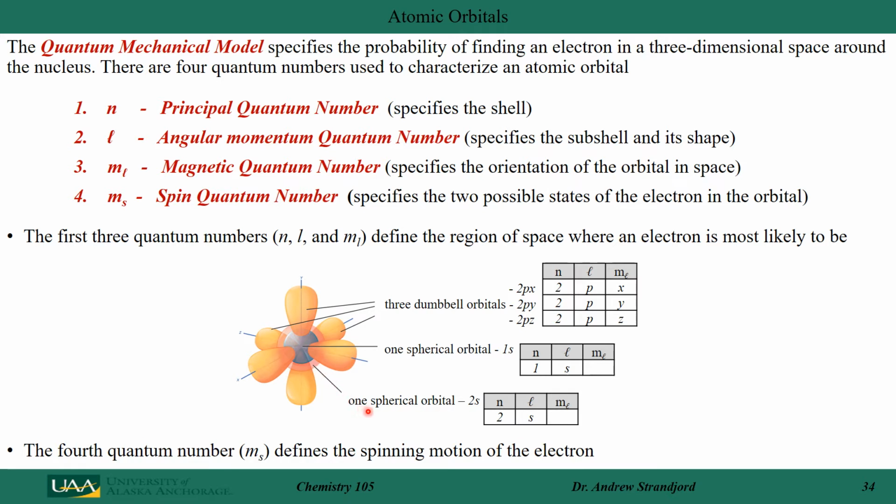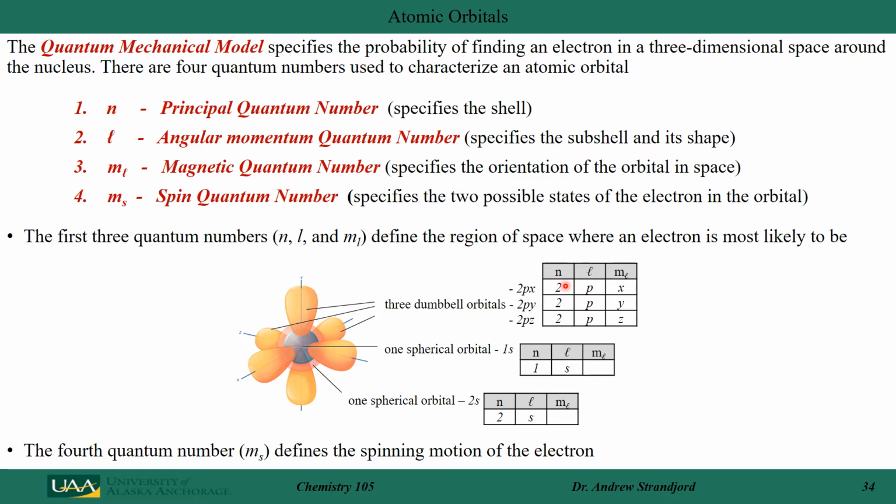Let's first look at the first one, which is represented by this sort of orange-pink sphere here. It has a principal quantum number of 2, and it has an angular momentum quantum number of s, so it's spherical. It's in the second shell, and it's spherical here. Also within that second shell, I have 3 other subshells. I have 3 p orbitals.